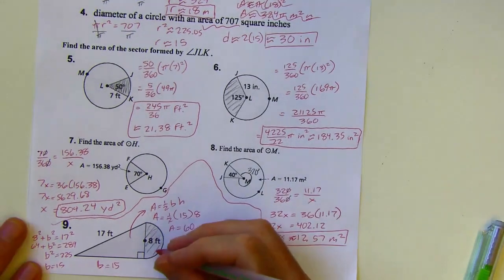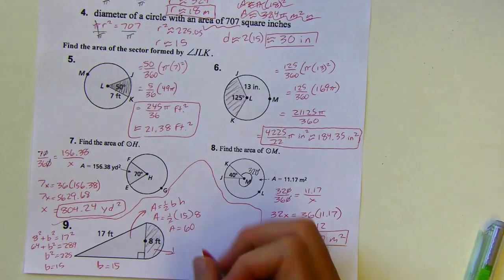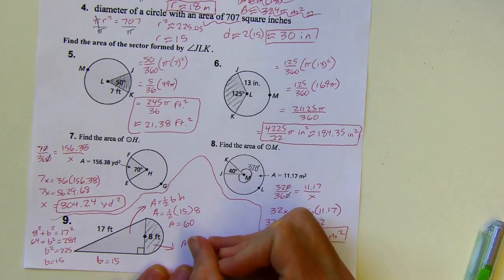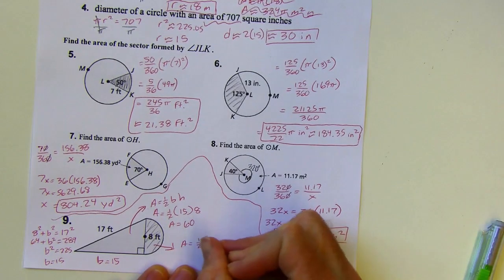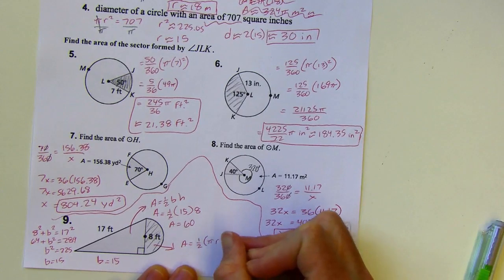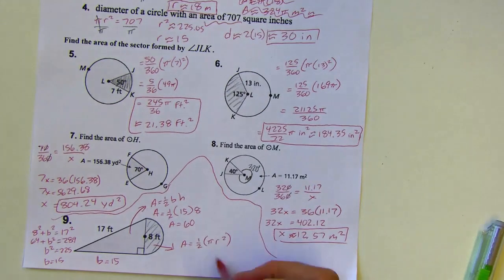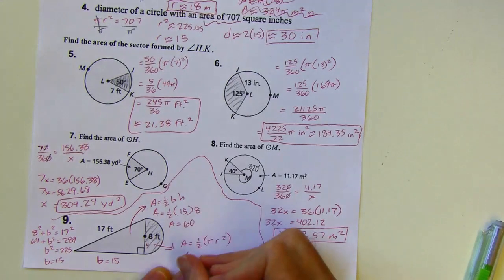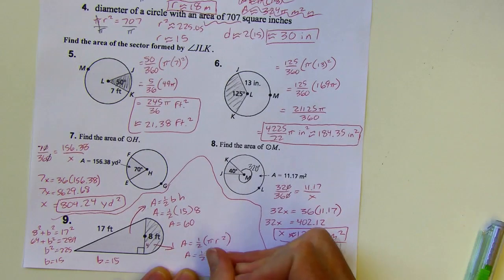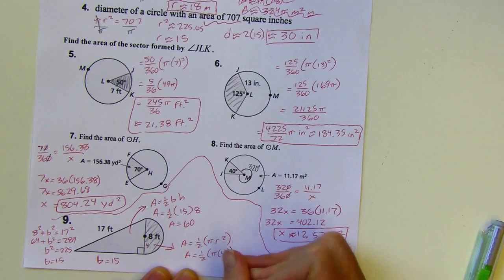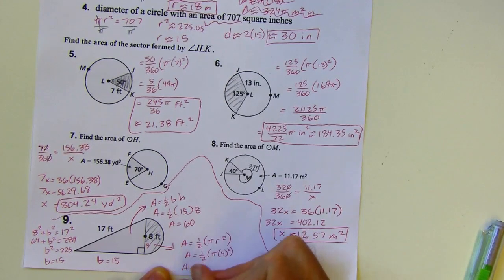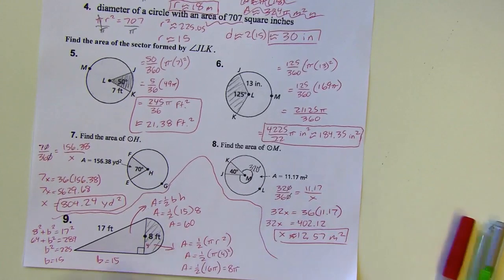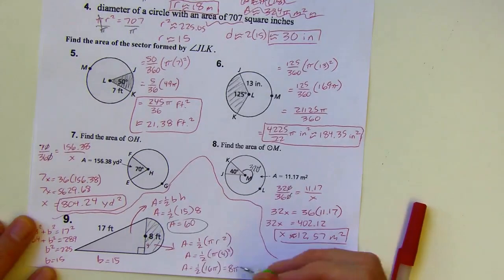Okay, now let's find the area of the semicircle. The area formula for a circle is pi r squared. So the area of a semicircle would be 1/2 pi r squared. My radius is going to be half that diameter. The radius is 4 then, right? So I've got half of 16 pi, which would be 8 pi. Now all I have to do is add these two bits together.